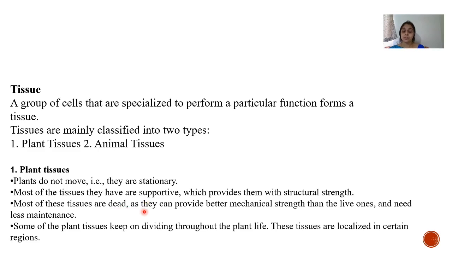In plants, most of the tissues are dead because they provide mechanical strength compared to the living ones, and require less maintenance. That is why they have maximum dead cells. And some of the plant tissues keep on dividing throughout their life. So these tissues are localized in certain regions.